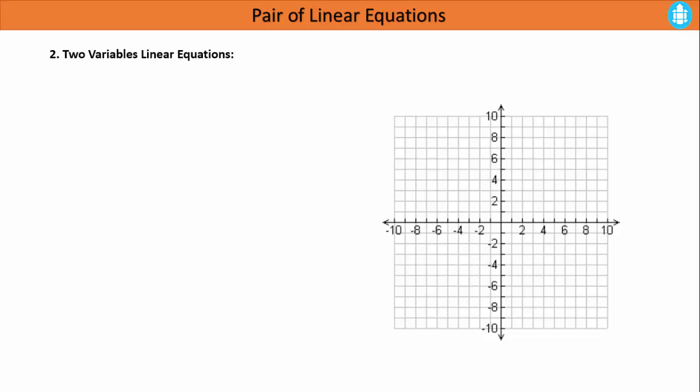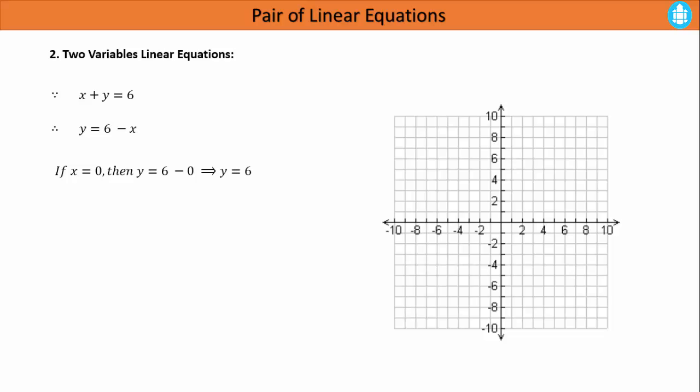Now let us see the two variable linear equations. Take x plus y is equal to 6; there are two variables x and y. Therefore, y is equal to 6 minus x. We are transferring x to the other side.